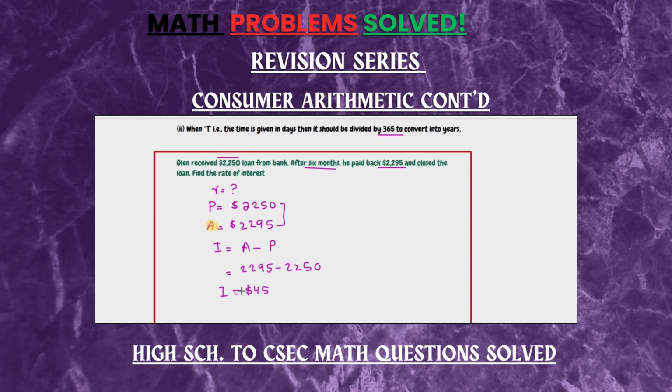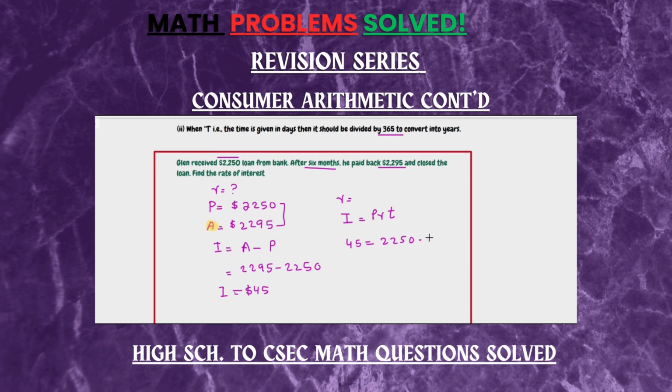So how will you find the rate? You have to find the rate R, right? To find R, we will use the formula I equals P R T. We already know the I, the interest amount, that is 45. The principal amount was $2,250.